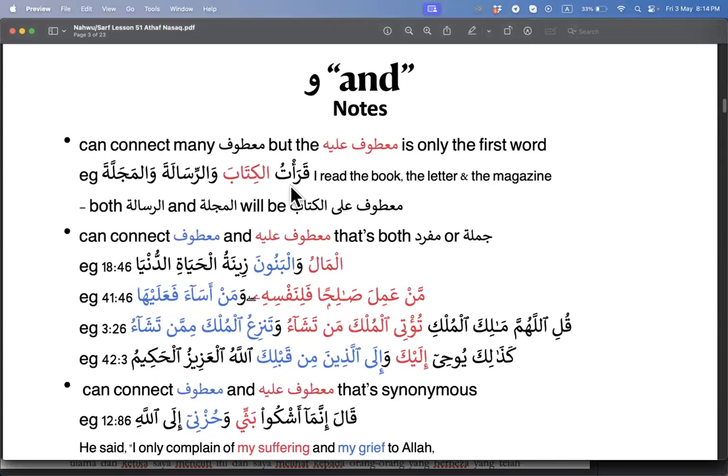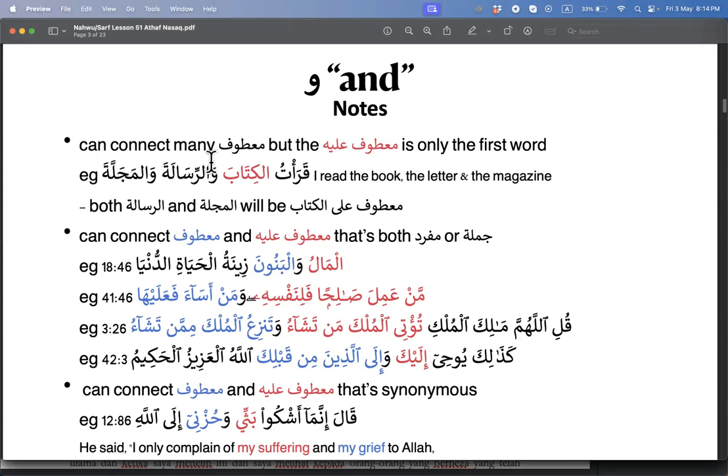Fi'il madi. Ana. Al-kitaba will be maf'ulun bihi. Wa risalah is maktuf ala kitaba. And majallah is maktuf ala kitaba. Yes, exactly.